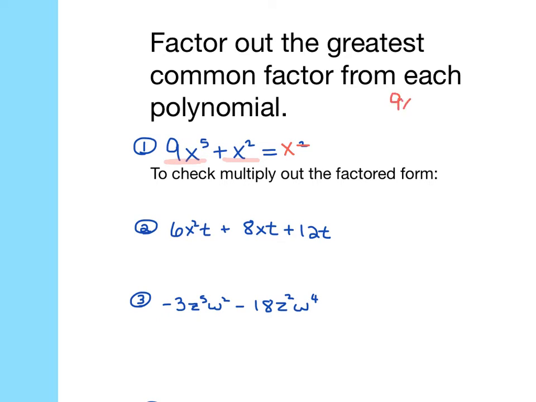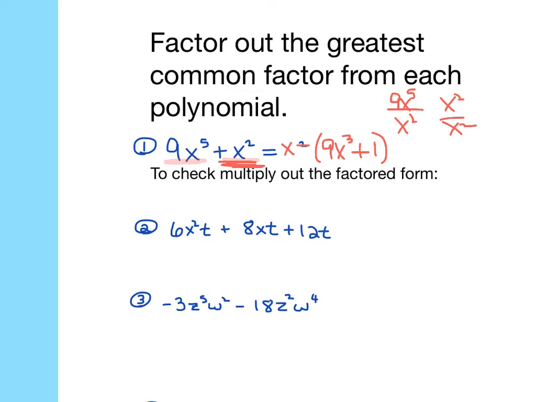What I like to do is, just so I can see and I don't forget anything, I'm dividing each term by x squared. So when I divide 9x to the 5th power by x squared, what's left behind? X cubed. Okay, so 9x cubed. And then when I divide this term by x squared, what's left? 1. Okay, it doesn't cancel away. Anything divided by itself is 1.